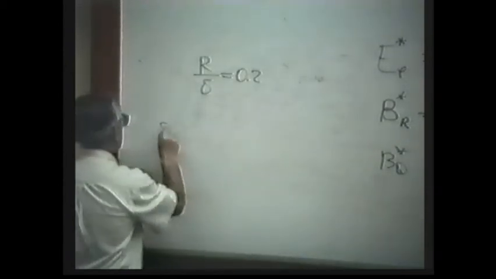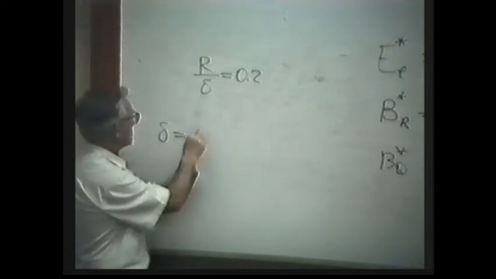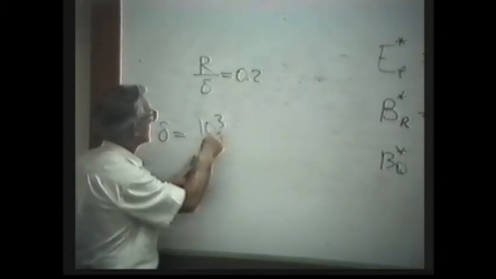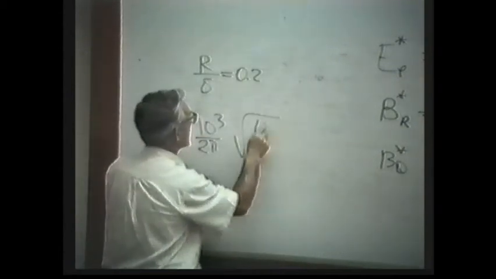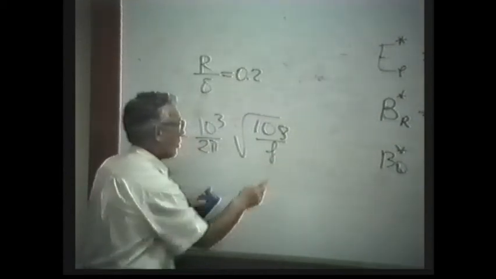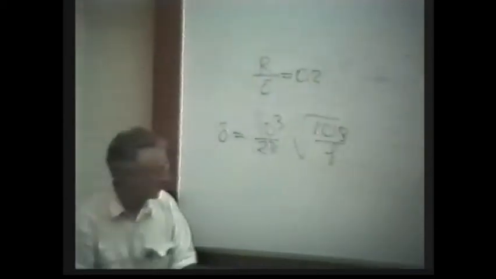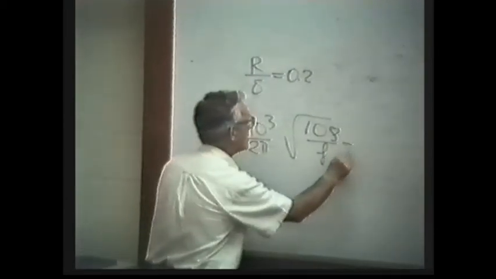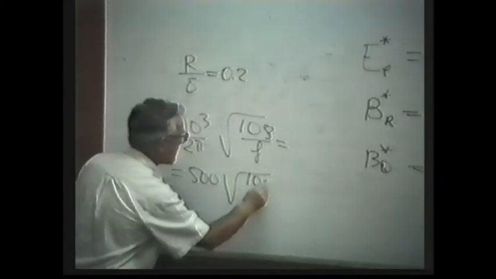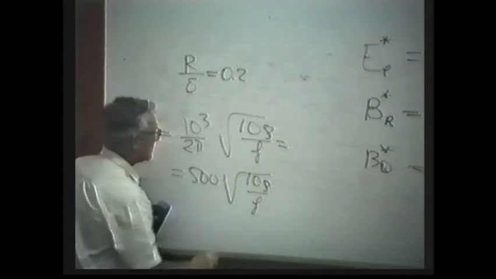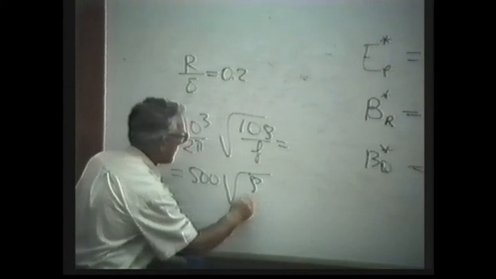We know delta equals what in meters? 10^3 divided by 2 pi times the square root of 10 rho over f, or, as you know, approximately with high accuracy, it's equal simply to 500 times the square root of rho over f, in meters.